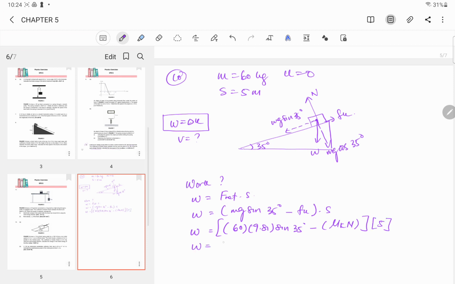So 60 times 9.81 times sin 35, minus mu k, which is given as 0.2, times N, which is mg cos 35.